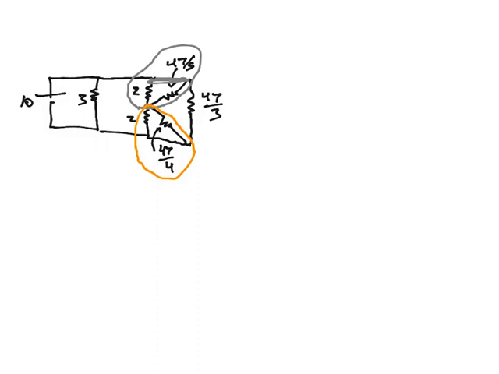So if I take the gray ones, I have 1 over R parallel is 1 over 2 plus 1 over 47 over 5, which is 1 over 2 plus 5 over 47. I want to add these together. Common denominator, let's see, what's the common denominator here?